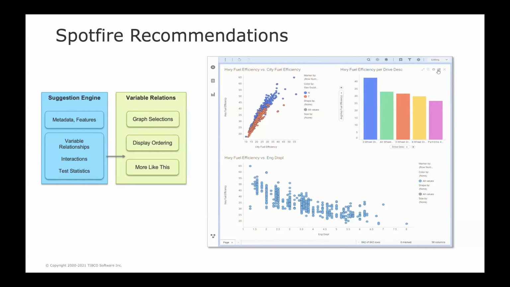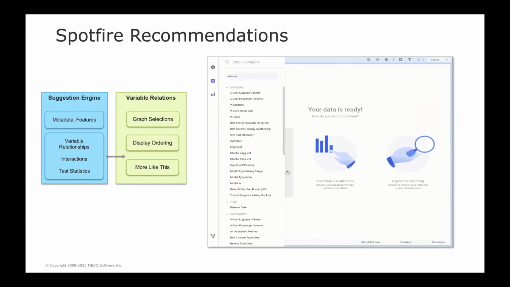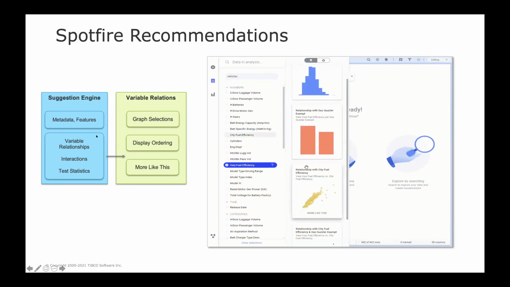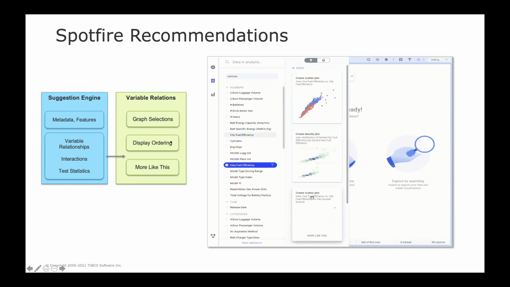The underlying algorithm that takes the variable relationship data and turns it into a graph chooses the graph type and the coloring and categories and so on based on the inbuilt AI engine inside of Spotfire. So behind the scenes, we're doing all the metadata and features and variable relationships inside of the engine. And then we're giving you the graph selections in order of their strength.